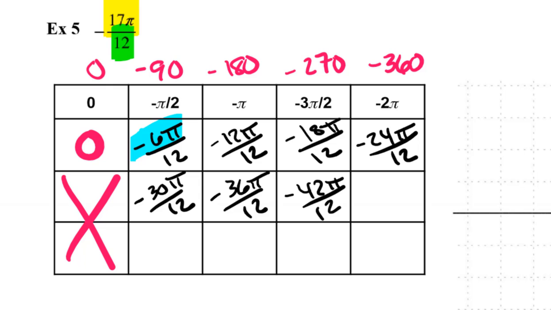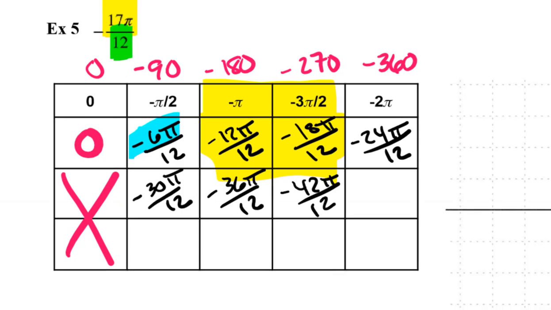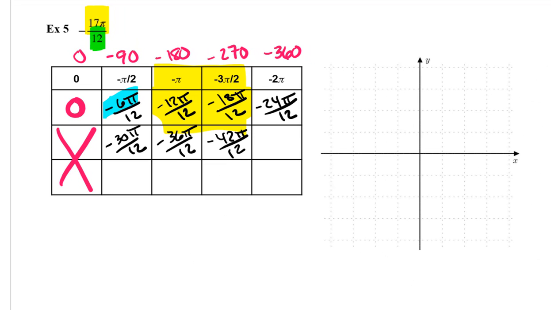In this case, it's negative 17. So that is in between these two guys right here, negative 12 pi over 12 and negative 18 pi over 12. So when you think about that a little bit, which way is that going? So 0 and negative 2 pi are right here. So there's 0. But be careful. Remember, negative 90 is down here, or negative pi over 2, or negative 6 pi over 12.